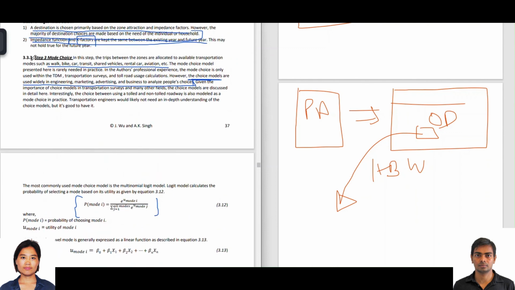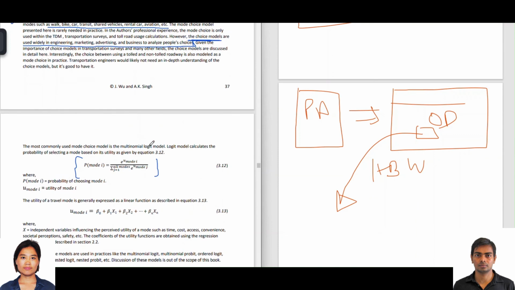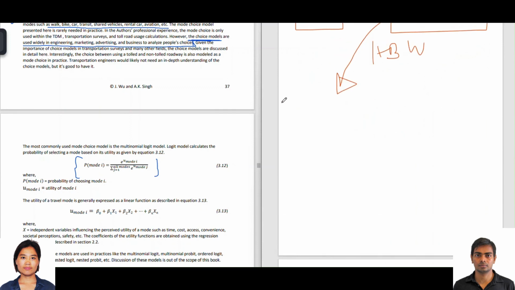So mode choice or the choice models are well researched, and there are, I would say, thousands of papers on different kinds of choice models, different kinds of regressions, different kinds of error assumptions, and many other things. So this is one of the heavily researched topics outside of transportation, or even within transportation.